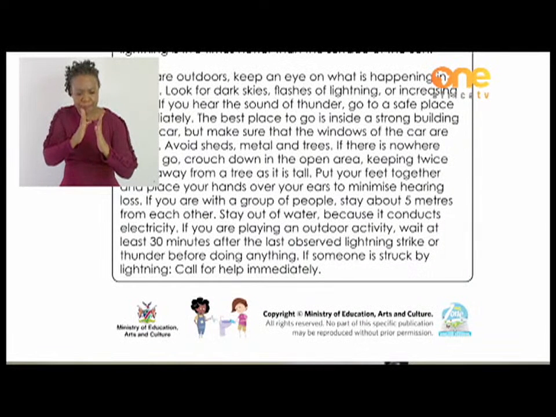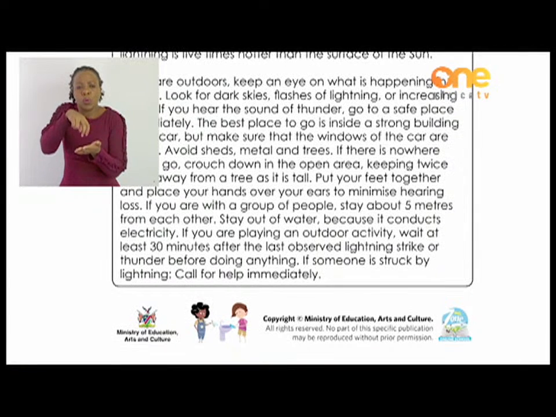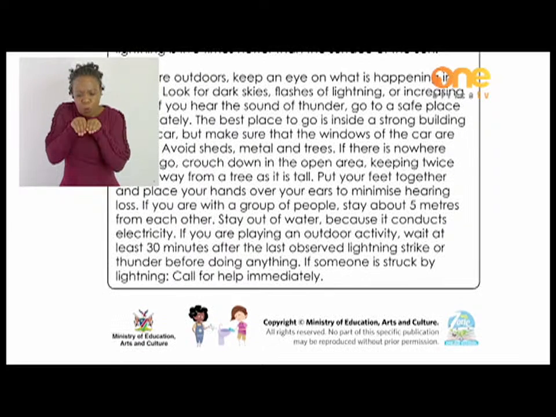Go inside a strong building or in a car, but make sure to avoid sheds, metal, and trees. If there is no safe place, crouch down in the open area, keeping away from a tree, and put your hands over your ears to minimize hearing loss.